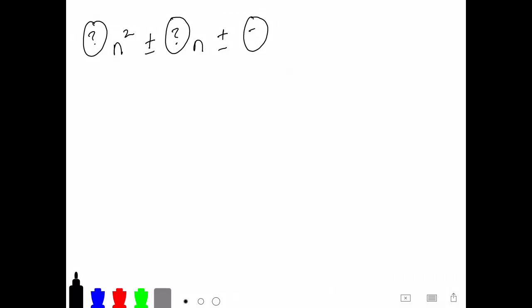Something multiplied by n squared plus or minus something multiplied by n plus or minus something. So, these three circles are unknowns, and we don't know what they are. So instead, we replace them with algebraic terms.